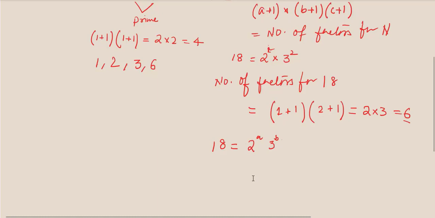The maximum value A can have is 1 and the maximum value B can have is 2. So what are the possible values for A? The possible values for A are 0 and 1, and for B are 0, 1 and 2.